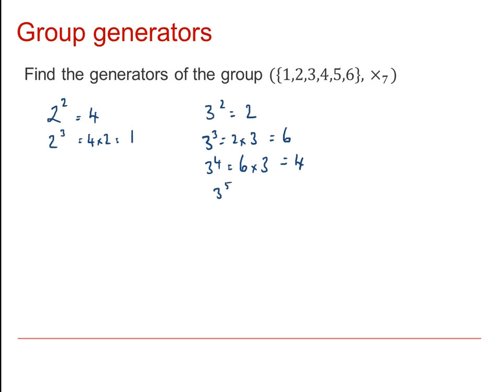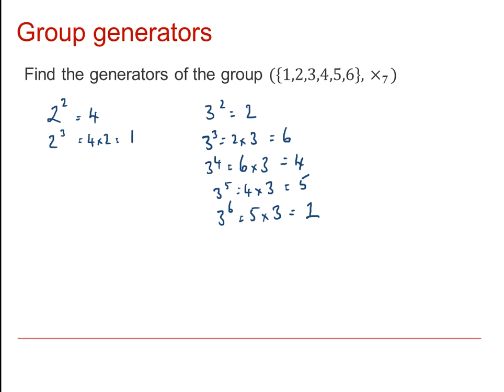So 3 to the power 5 will be 4 multiplied by 3, which is 12, which modulo 7 is 5. And 3 to the power 6 will be 5 multiplied by 3, which is 15, which is 1, which is the identity element.